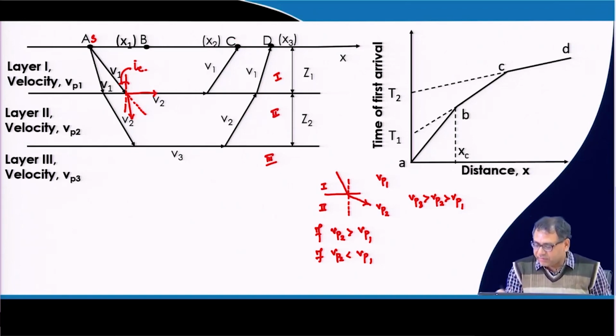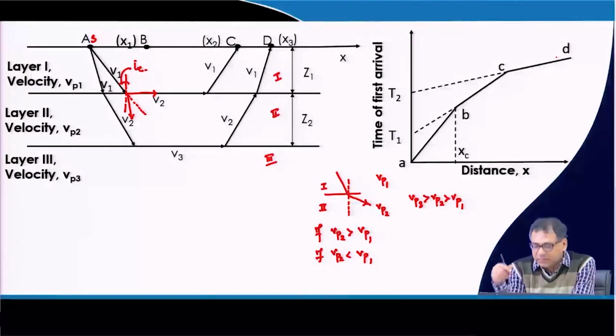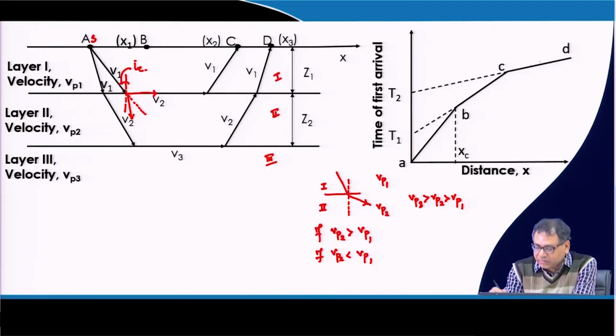Now if I take n number of geophone data and draw them, with distance on the x axis and time on the y axis, then I will get this type of plot. Every change in slope indicates a change in soil layer. Here in the given plot there are 3 slopes, which indicates that there are 3 layers.